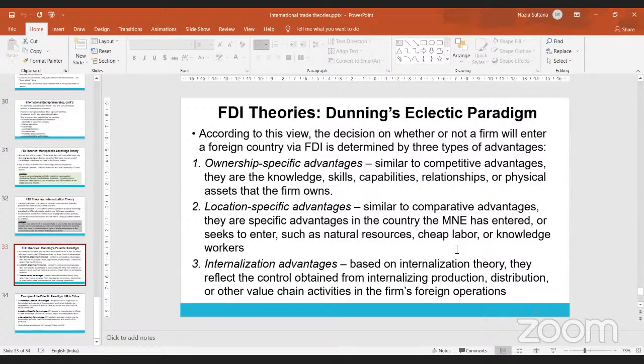How are you going to internalize the value chain of that company with yours, because you are investing in that company? This is called Dunning's paradigm. Then there's an example for this particular paradigm. This talks about why firms invest in foreign countries' companies. If they have these advantages only, they will invest. Otherwise, they will not invest.